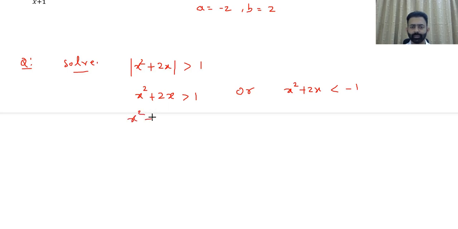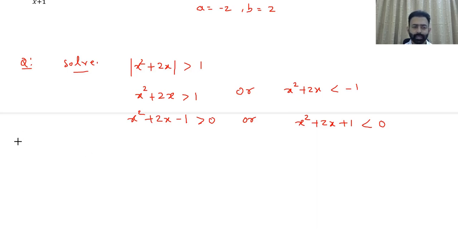Meaning x square plus 2x minus 1 is greater than 0, or x square plus 2x plus 1 is less than 0, right? We cannot solve directly by factorizing, so we need to use the quadratic formula in order to find out the roots of this quadratic equation, right?